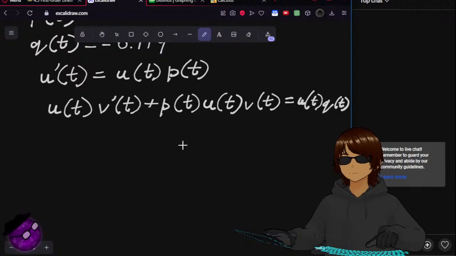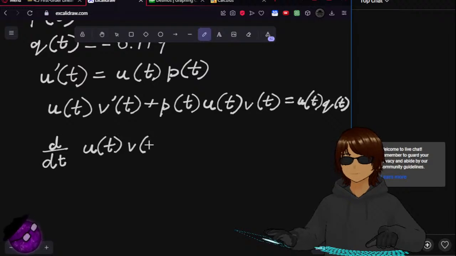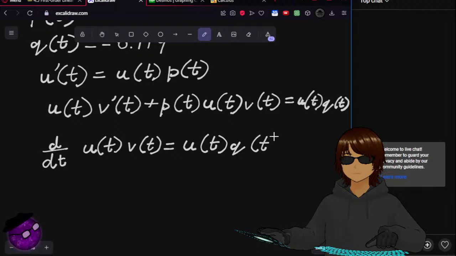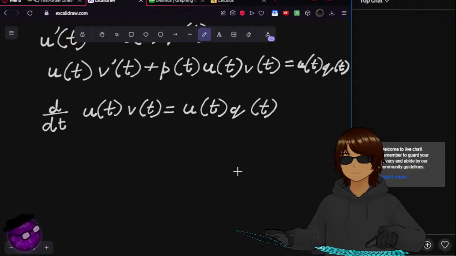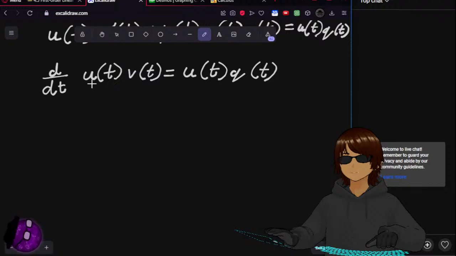Now you can rewrite this upper part as (u(t)v(t))'. It's the derivative of the first times the second plus the first times the derivative of the second. And now integrating both sides.